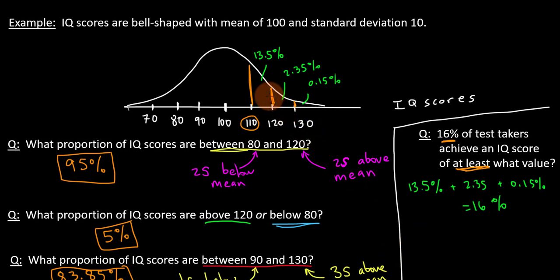Therefore, all of the scores above 110 are going to account for 16% of test scores. So 16% of test takers achieve an IQ score of at least 110 is our answer. And that's going to conclude our nice little video about the empirical rule.